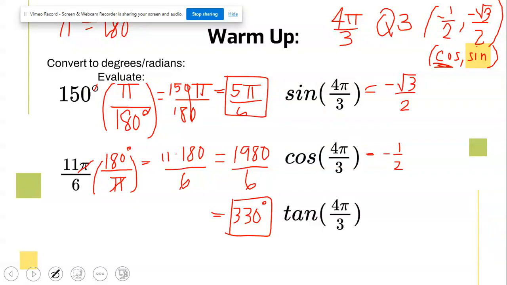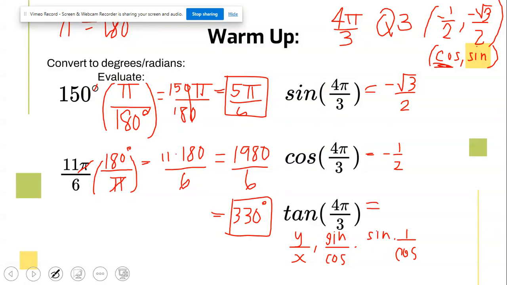Now tangent is y over x, so the y coordinate over x, or you could think of it as sine over cosine, but these are going to result in double-decker fractions. So you can also think of it as sine times 1 over cosine, or the reciprocal of cosine, which is what I'm going to do.